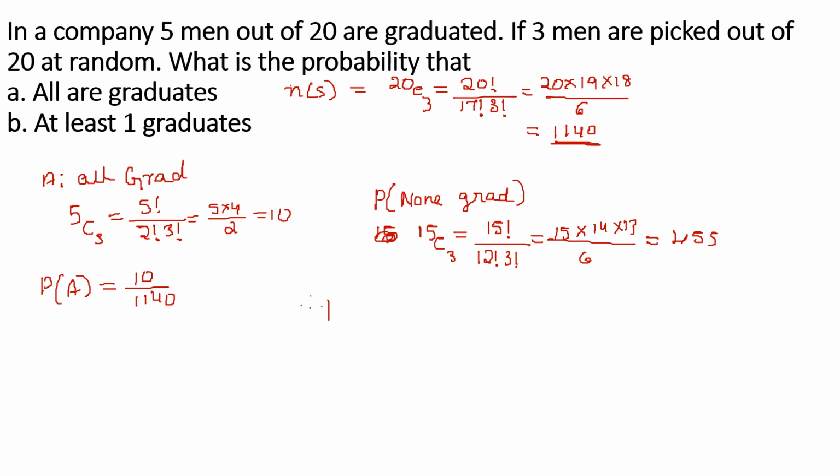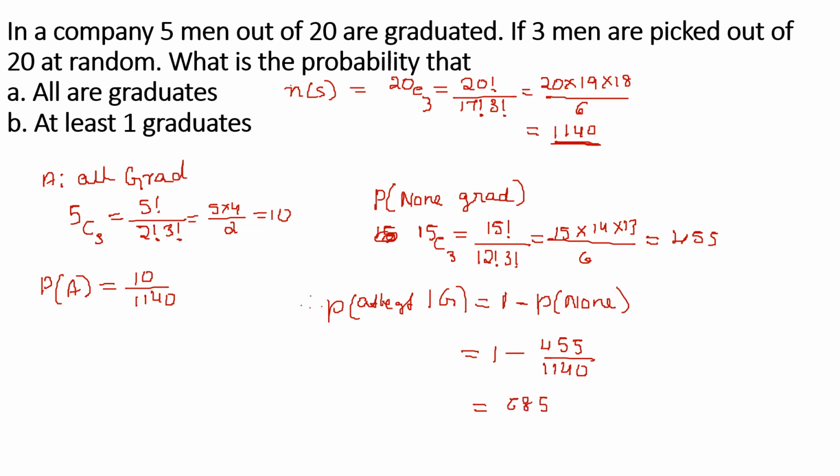Therefore, the probability that at least one is graduated is equal to 1 minus the probability that none is graduated. That is 1 minus 455 divided by 1140, which is equal to 685 divided by 1140. It is 0.6.